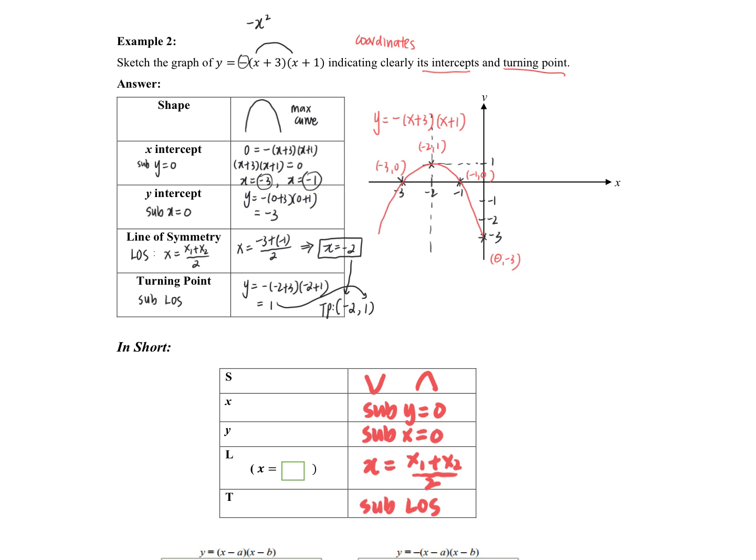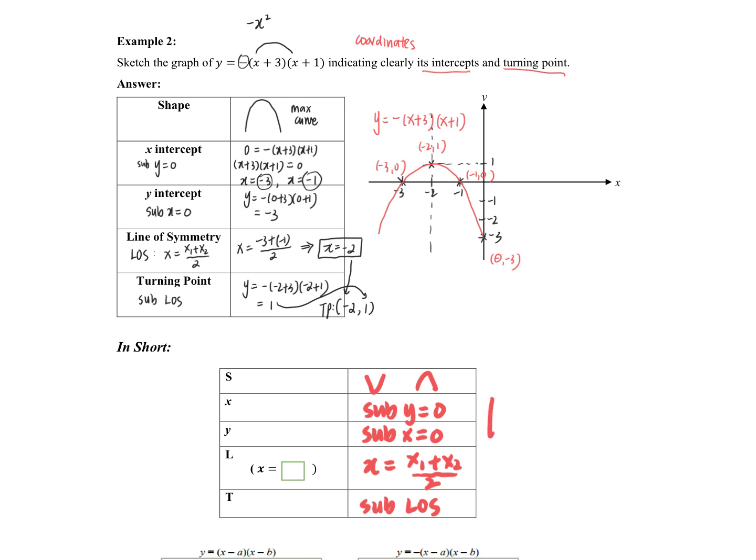Okay, so we have done factorized form. How do you sketch when it has a negative sign in front or it has a negative sign nowhere? Okay, I just summarize the steps you need to take. You can just copy down. The shape can either be max or min. When you find x-intercept, you sub y as 0. When you find y-intercept, you sub x as 0.